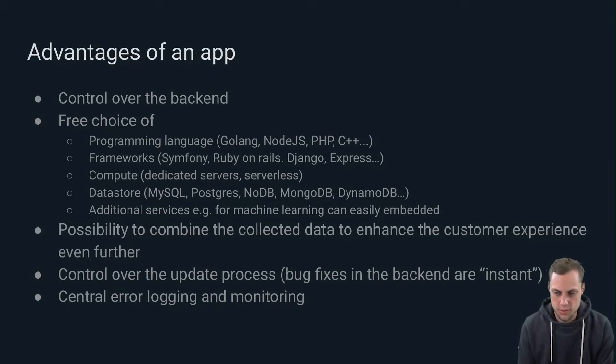You have the possibility to combine data, because when you use a plugin, you have the plugin distributed across all the systems. So on every customer server, on every shop, there's a new instance of that plugin running, but that also means the data is not central in one point, but distributed across all your installations.